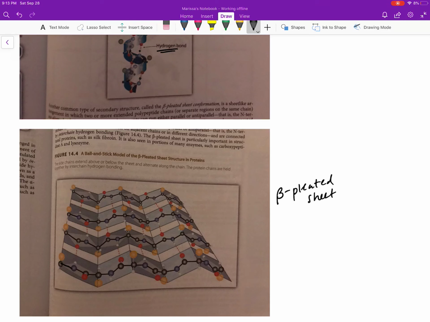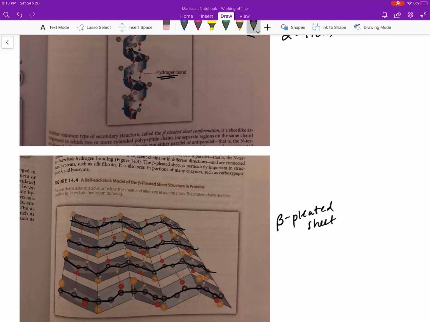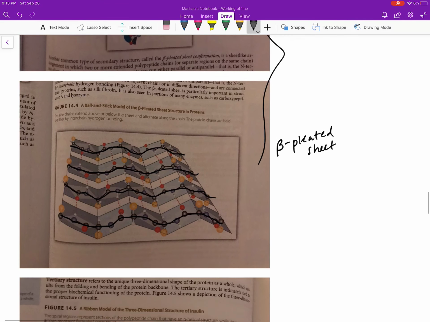And then in the beta pleated, you can see we have actually two primary structures right there. And then there's a third one, and then a fourth one. Okay, so it's kind of like Legos, right? If you start adding the Legos together and make a bigger structure. So these are both secondary ones right here.